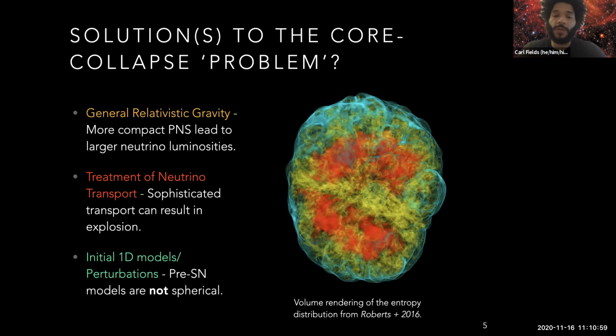The treatment of neutrino transport. Neutrino transport is really hard to do in these simulations, and so there are different levels of approximation. The level at which you approximate it, for example whether or not you follow the angle dependence of the neutrino transport, can make a big difference in whether or not the model explodes. It changes the overall effective neutrino heating rate.